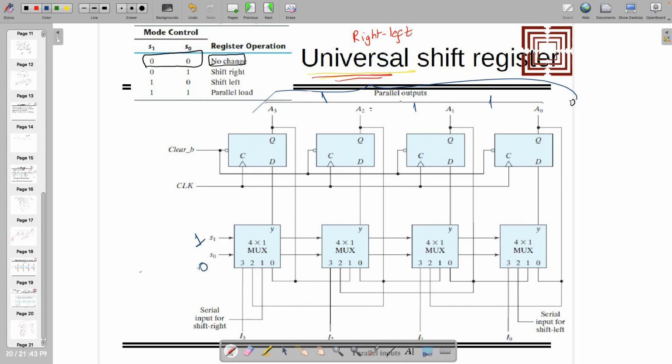If it is 10, then what's going to happen? Which input has to be selected? Number 2, right? So number 2 is here. Whatever is available at 2 will transfer to the output, and later on whatever is available at D will go to A3, A2, A1 and A0 depending on the positive edge of the clock, right?